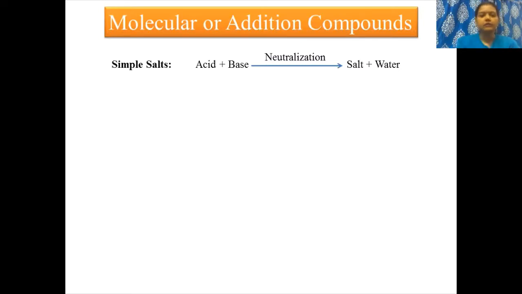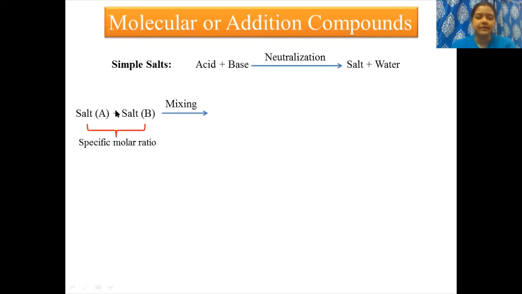We all know about simple salts. The neutralization reaction between acid and base produces salt. To synthesize a molecular or addition compound, we take salt A and salt B and mix them in water in a specific molar ratio.